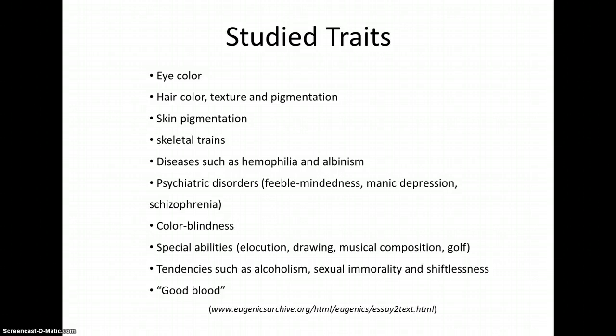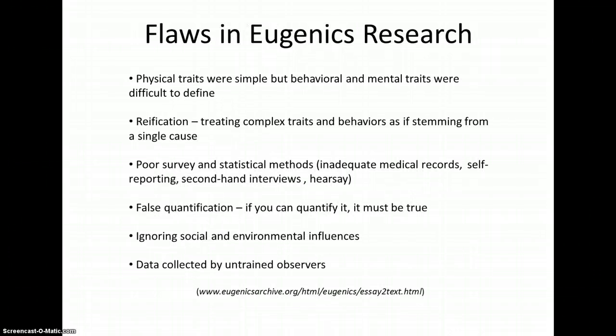People who were feeble-minded or mentally retarded, those with manic depression or schizophrenia. People who were colorblind. On the other hand, they also looked at special abilities like who could draw, write, do music, or even golf. They considered tendencies such as alcoholism, immorality, and shiftlessness, and specifically were looking for people of good blood.